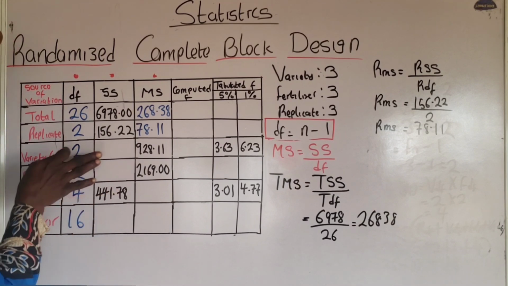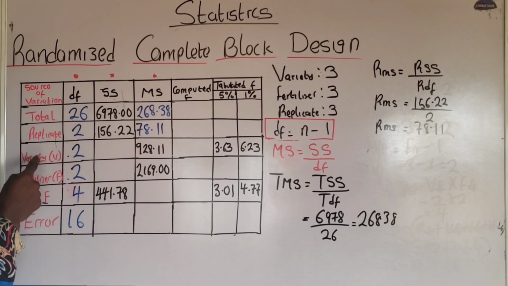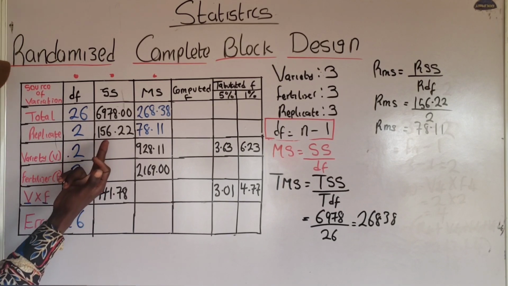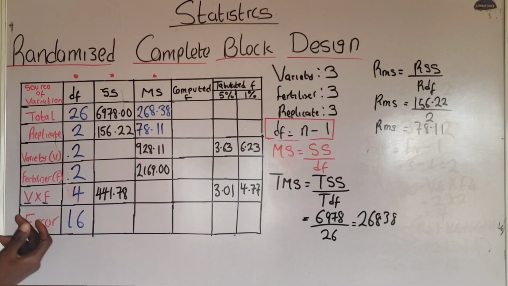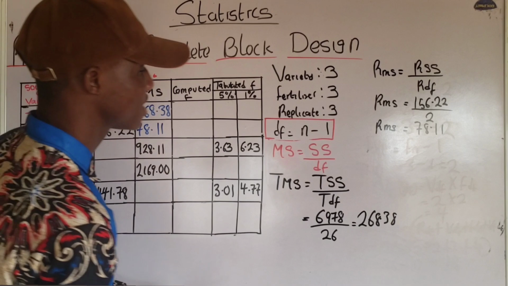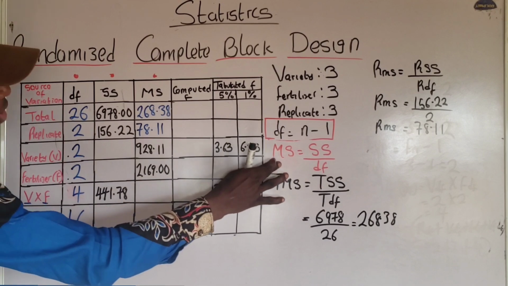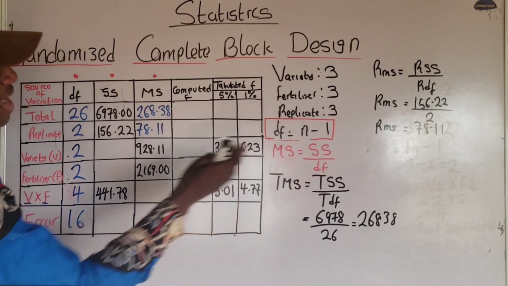Now let's come back to sum of squared. We've been given the variety mean squared, and we are asked to determine the variety sum of squared. I told you the relationship that exists between mean squared, sum of squared, and degree of freedom: mean squared is equal to sum of squared all over degree of freedom.